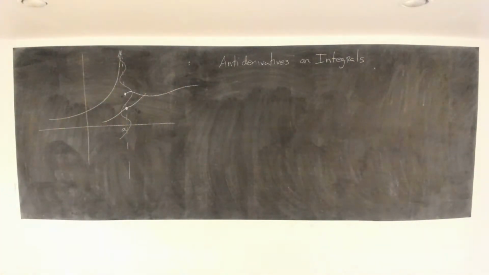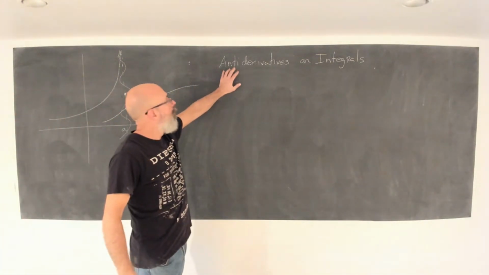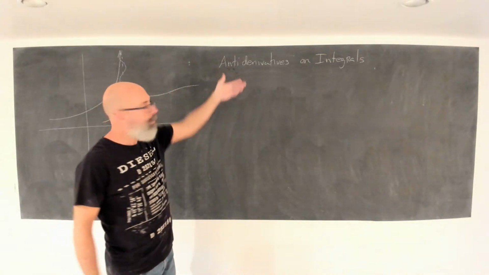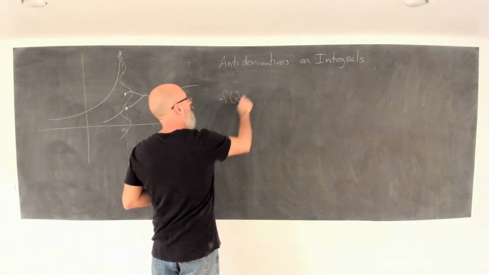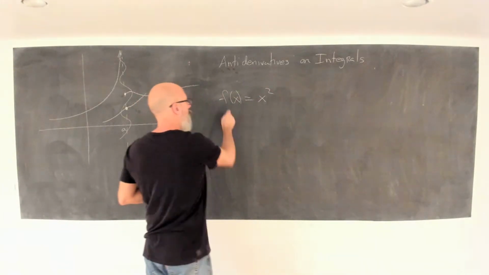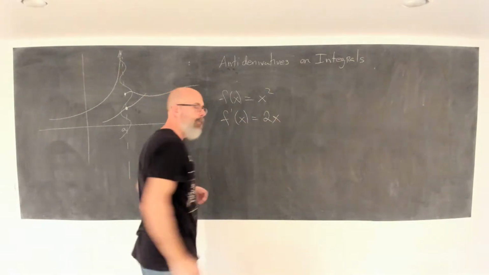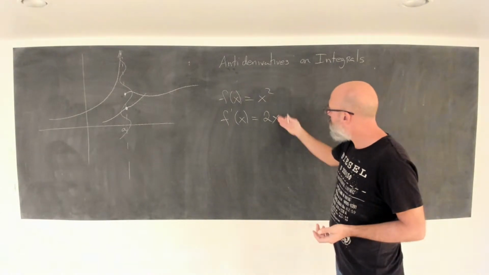Antiderivatives or integrals, it's the opposite of what we're doing. We're doing derivatives. Antiderivatives is the opposite. So if you have a function x squared, you know the derivative. You know the derivative of x squared is 2x.